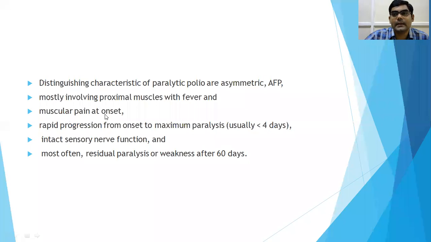We get myalgia at the onset, muscular pain, and there will be rapid progression within 72 hours. Yeah, usually within 4 days. And there will be intact sensory nerve function. Okay, in GBS only we lose the sensory function. And there will be some residual weakness after 16 days. In GBS, usually they will recover their weakness.